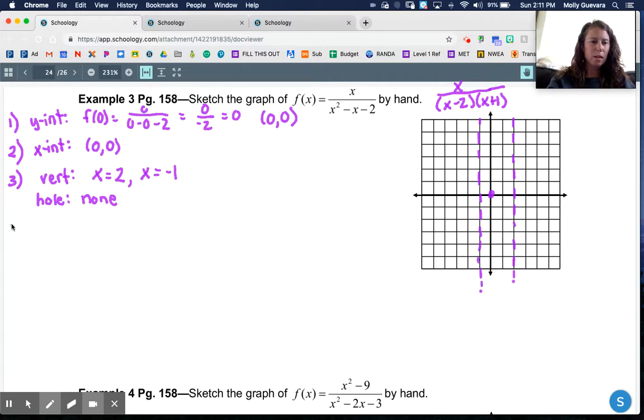Okay. We're going to keep going. We're going to see, can we find the horizontal asymptotes? In this case, I have x to the 1 and then x squared. So this function is bottom heavy. So since it's bottom heavy, y equals 0 is the equation. And this is where people get confused because they say, hey, how can the graph cross at (0, 0) if there's a horizontal asymptote there?